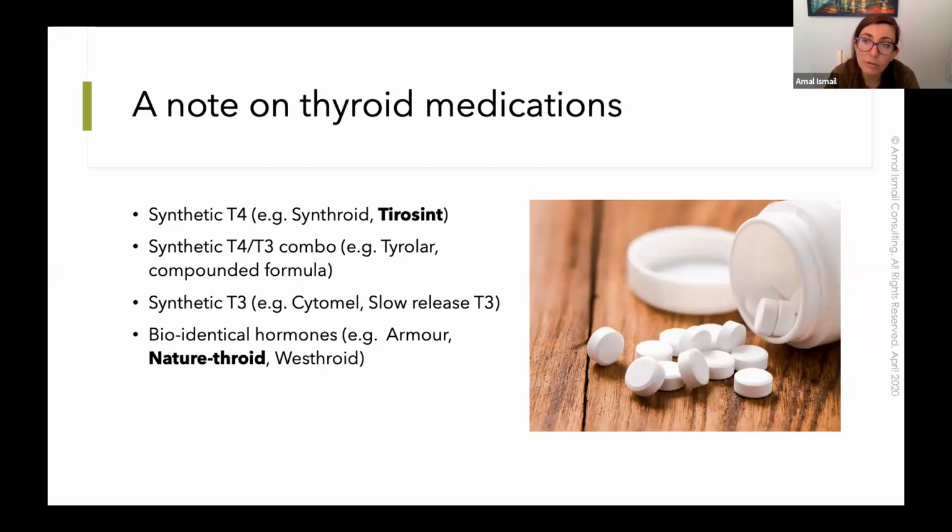So any patients that you know have gluten sensitivity or are celiac need to be put on those particular brands. We also need to be careful not to switch between brands because there's a variety within the same class in absorption capacity. And Farah will also nicely talk about timing in terms of your meals and when to take medications.